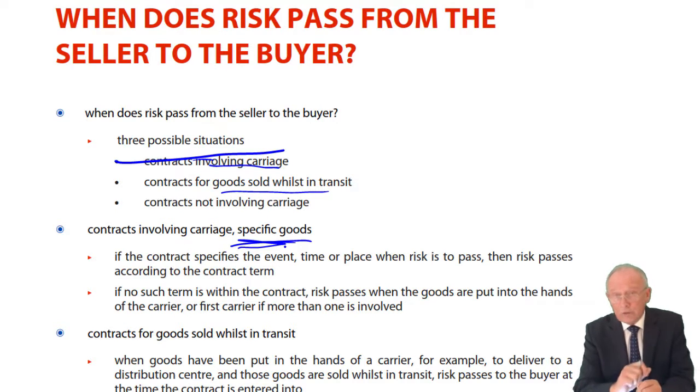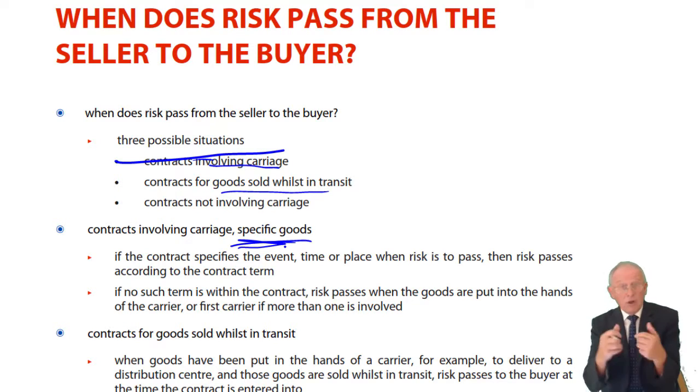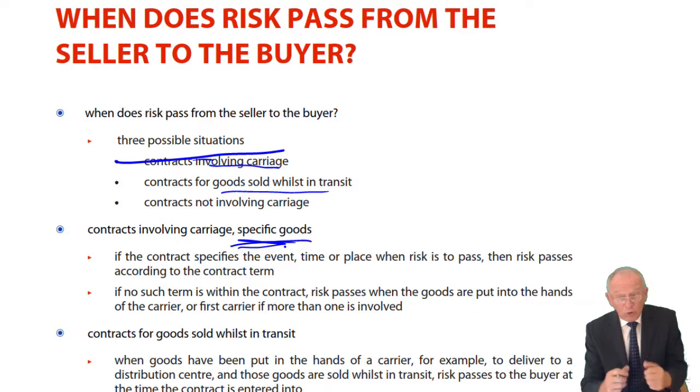And of course, with the passing of risk, so too does the responsibility of insurance, because if the risk is transferred from me to you, then yours is the risk in terms of loss or damage. So you are the person that should be insuring these goods from the moment I tell you that the goods have been unconditionally appropriated and you have notice of that fact.